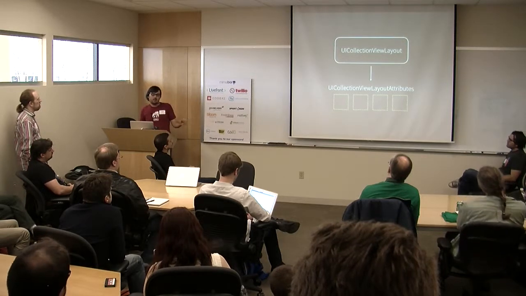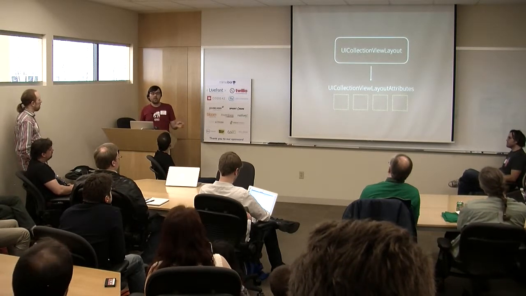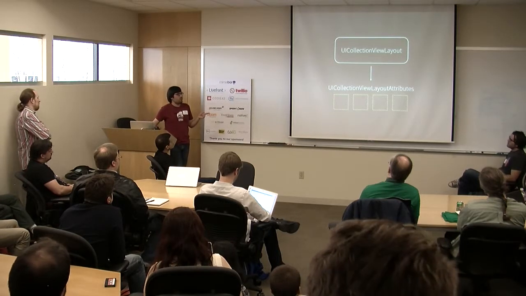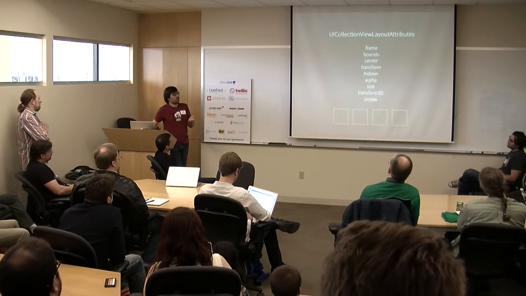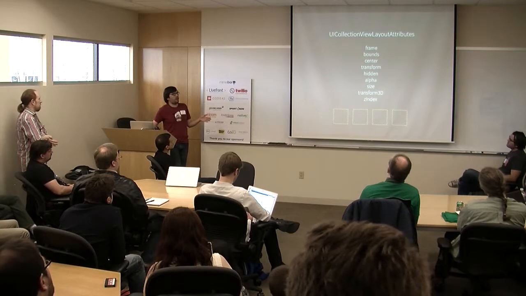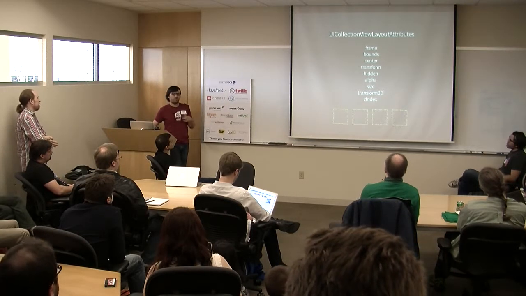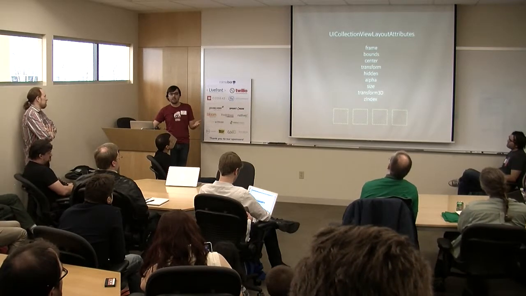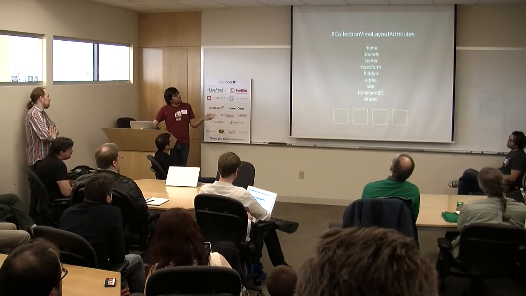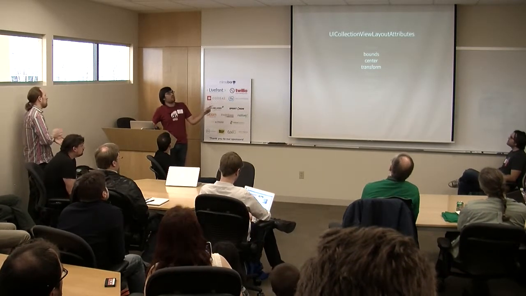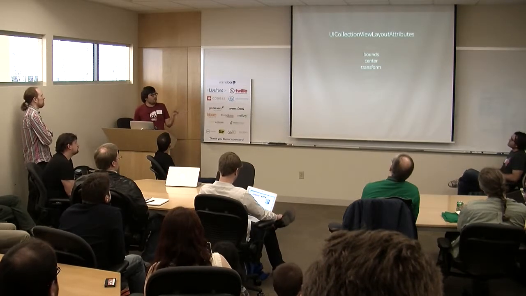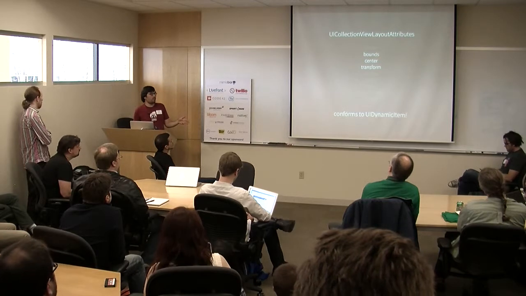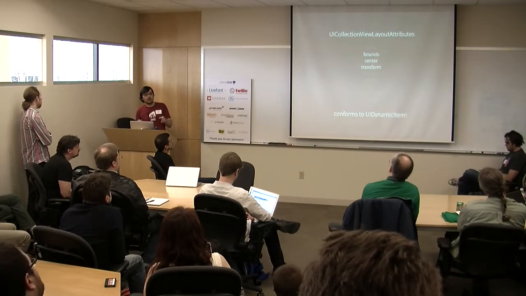One other key thing that you may have already realized is that these little green boxes, these layout attributes, and I think Sam already mentioned this, these are the properties on a layout attributes object that you can configure when you're implementing a regular collection view layout. Well, if you focus on the bounds, center, and transform, those are the three properties that are part of the UIDynamicItem protocol.